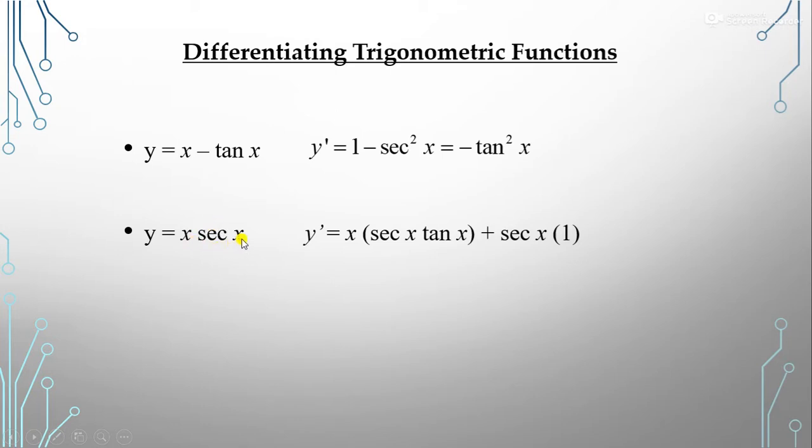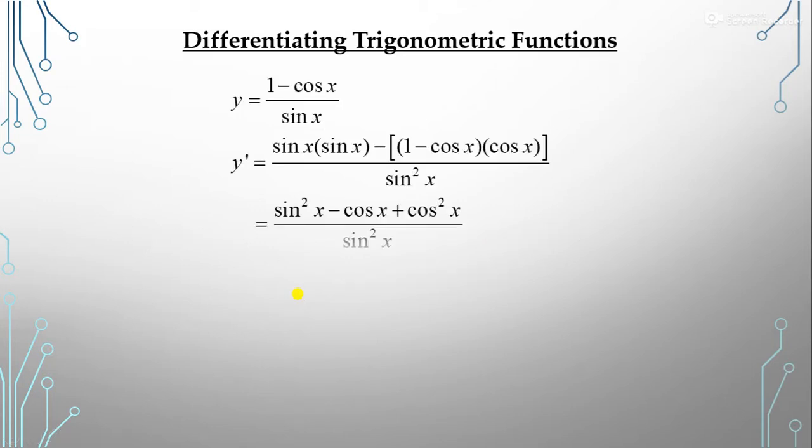What is the derivative of secant x? That is secant x tan x, plus the second function as it is times the differentiation of the first function. The differentiation of x is 1. So when you simplify it, you get secant x, and taking secant x common, it becomes secant x times (x tan x plus 1). So this is the differentiation of this function with respect to x. Is it clear? Okay.